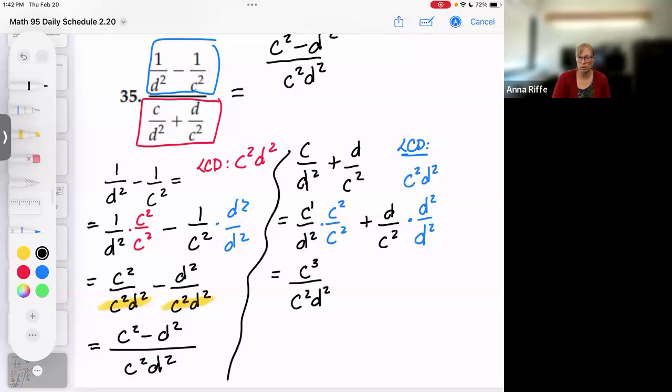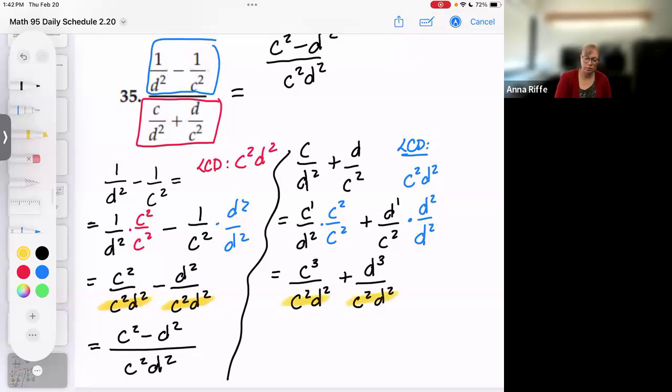I can write those in either order. Plus d to the 1 times d squared is d cubed over c squared d squared. Okay, we've simplified our fractions.